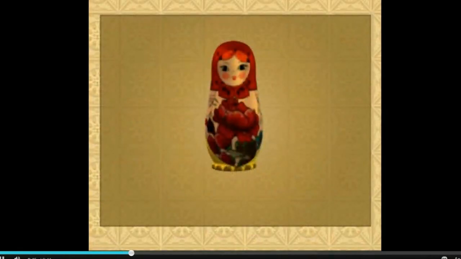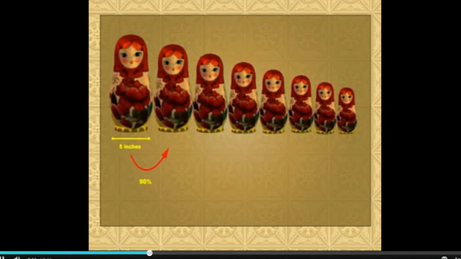First, she measures the largest doll. At its widest, it is 5 inches long. Rachel does not want to find 90% of 5 inches, then 90% of that number, and so on 8 times over. So instead, she uses a special way of adding numbers that change by a constant percent. The first doll is 5 inches wide. The next doll is 5 inches times 0.9 because it is 10% smaller.